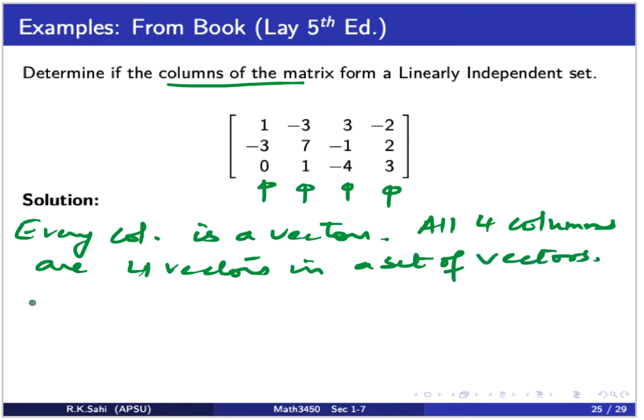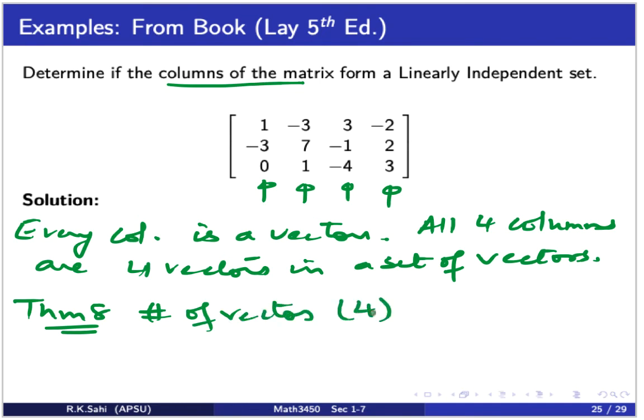Now, by Theorem 8, the number of vectors, which is 4 here, is strictly greater than the number of entries in the vector, which is 3.